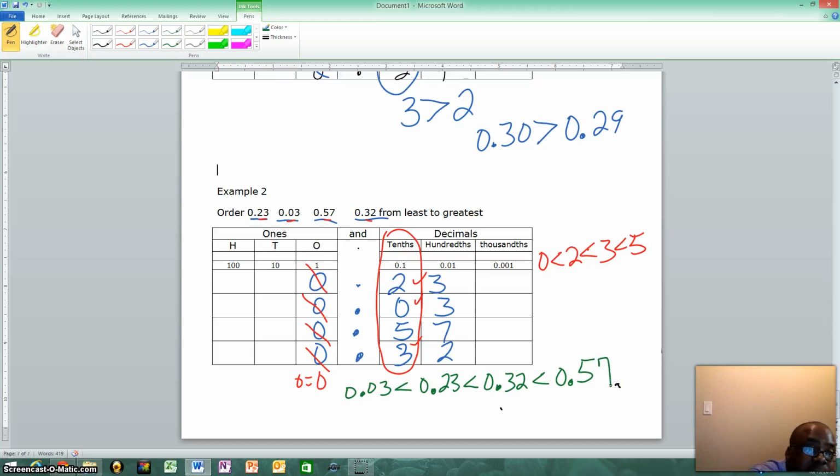And we just put those numbers in order from least to greatest.